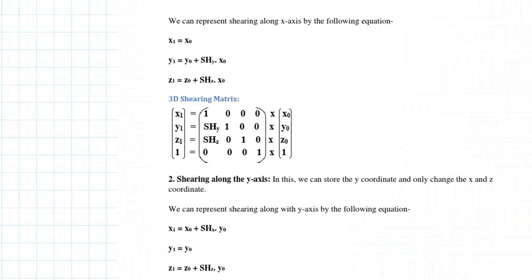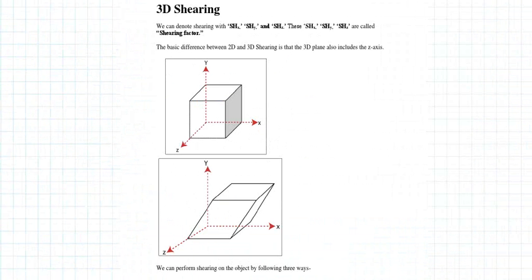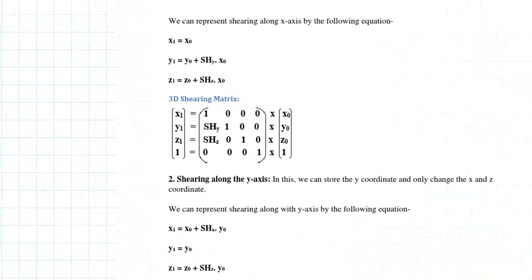So as we have looked, once you apply shearing along x-axis, only the y and z coordinate values will be changed by their corresponding shearing factors. The equations will be like this. There will be no change in x coordinate value, hence x1 equals x0.